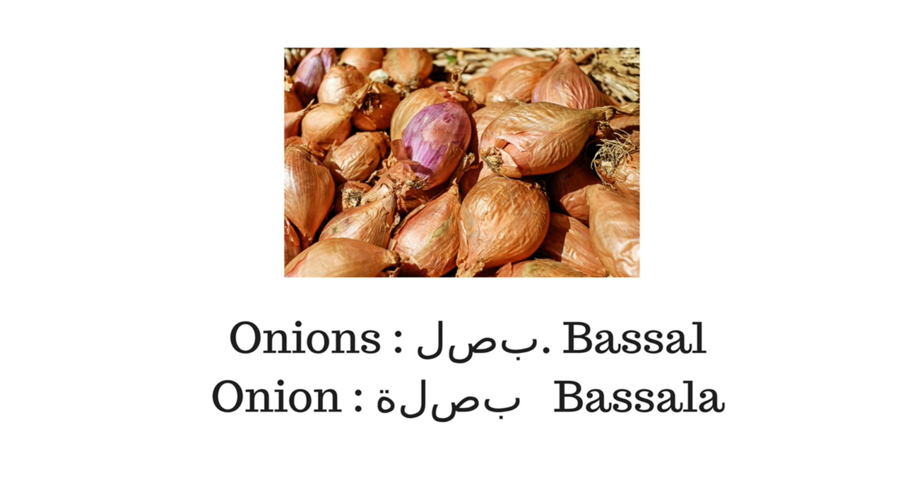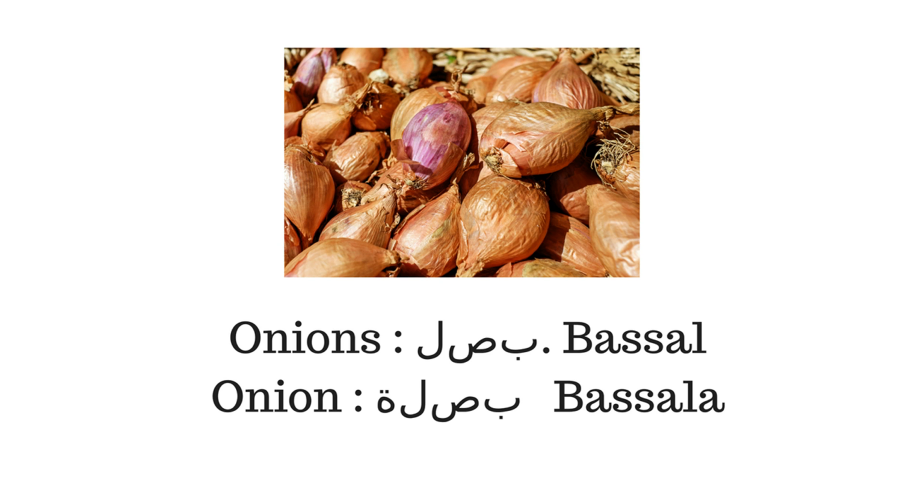Our second vegetable is onions, which we call basal. One onion, basala. A lot of onions, the plural, basal. In the Middle East and the Mediterranean coast, we don't have the yellow, white and red onions as such.